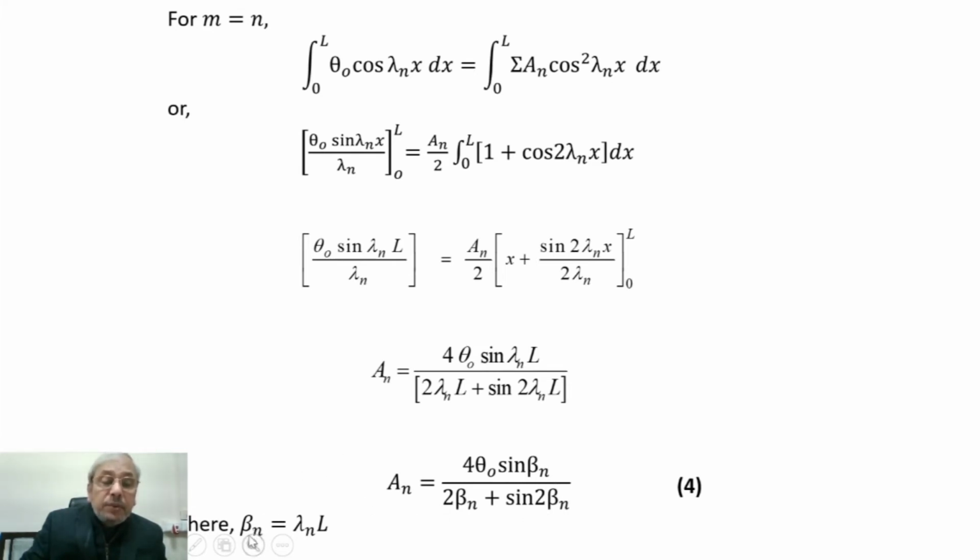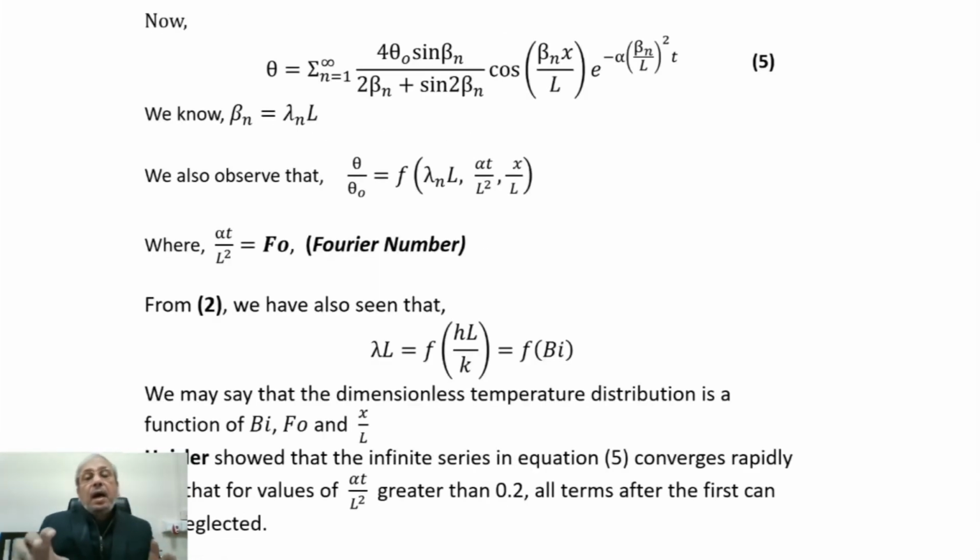If we substitute beta n equal to lambda nL, then an equals 4 theta naught sine beta n divided by twice beta n plus sine twice beta n. So this is the final form of an in the series, which is the solution.